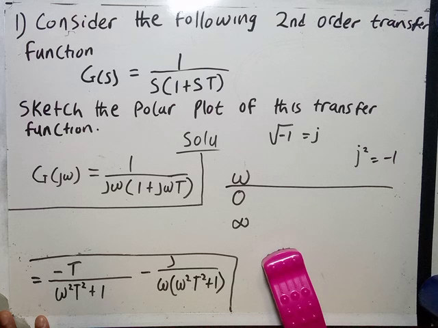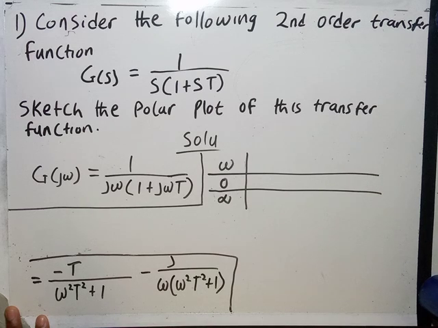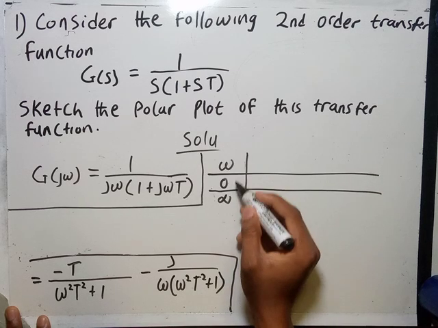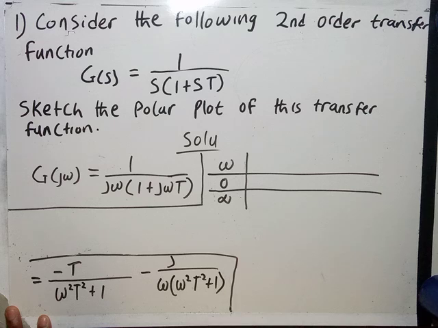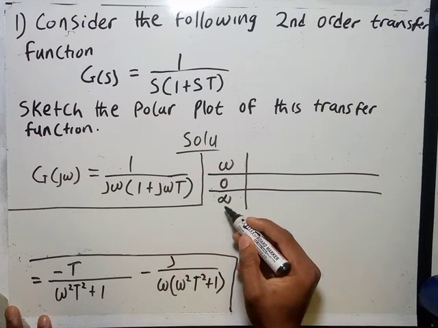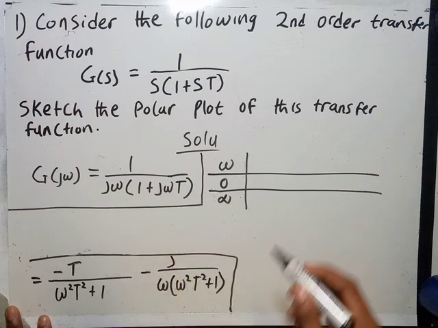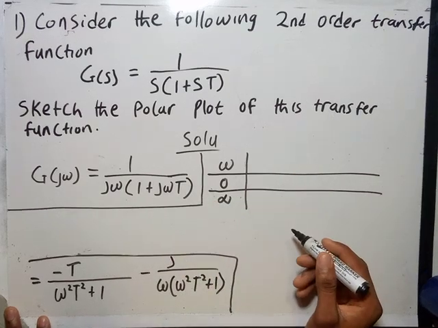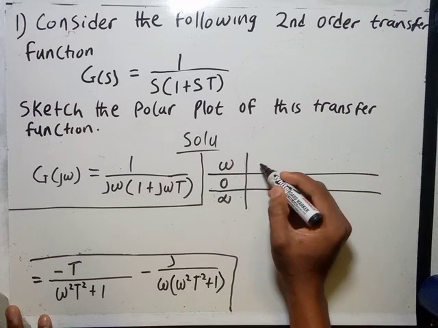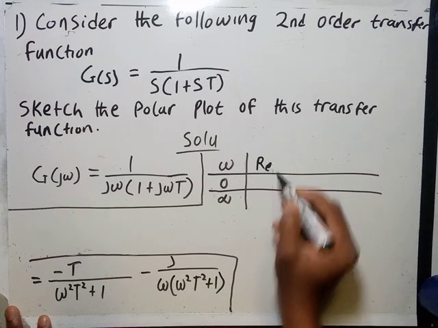So we have assumed that our omega, which is our w, is 0 and infinity.